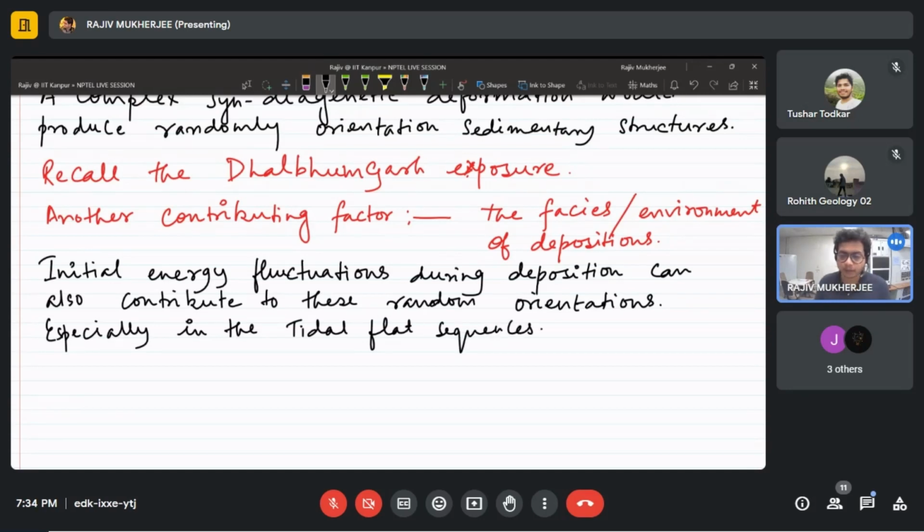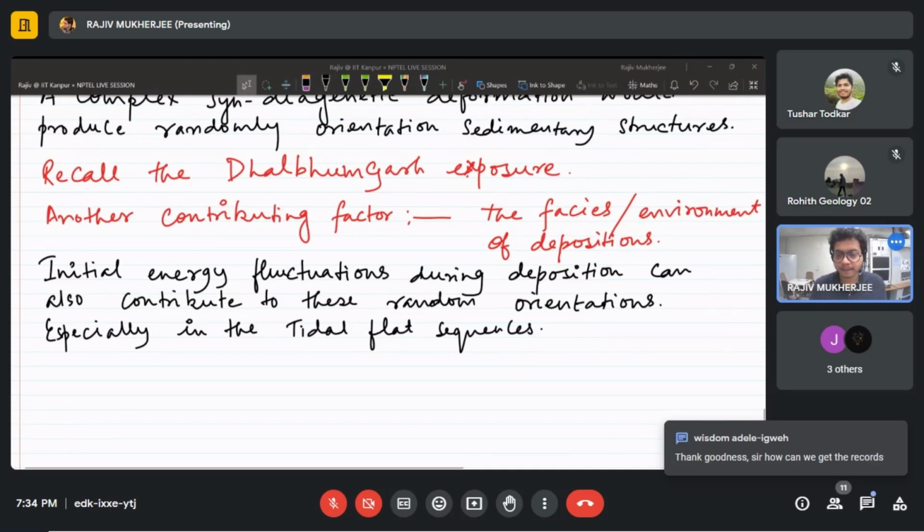So the Dhalbhumgar exposure was essentially a tidal flat exposure, where the sediments were deposited in a periodically changing energy condition. Sometimes it is high, sometimes it is low, sometimes again it is high. So these fluctuations in initial energy conditions during deposition are also somewhat responsible for disturbing the orientations of these individual structures, right?